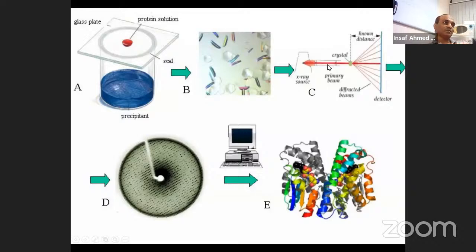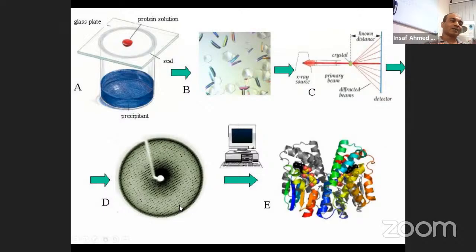Beam size should be very small. Suppose this is your X-ray beam and this is your crystal. You put the crystal just in front of the X-ray beam. So what will happen when this X-ray beam hits the crystal? It will diffract.